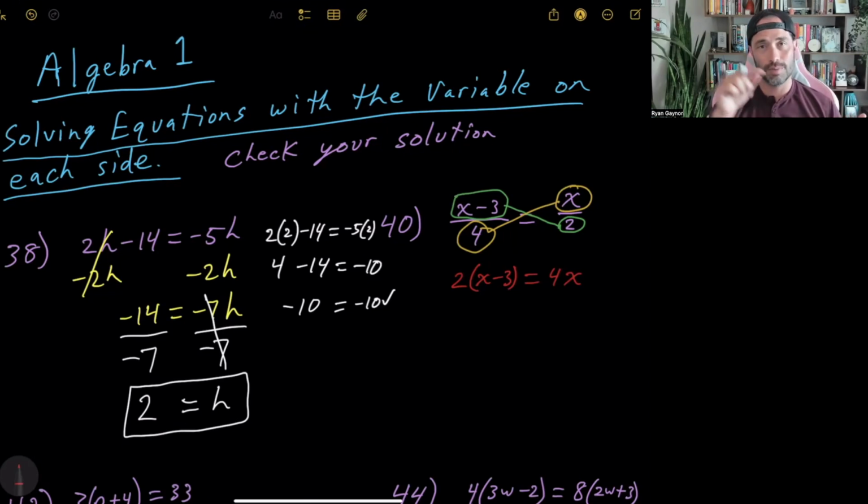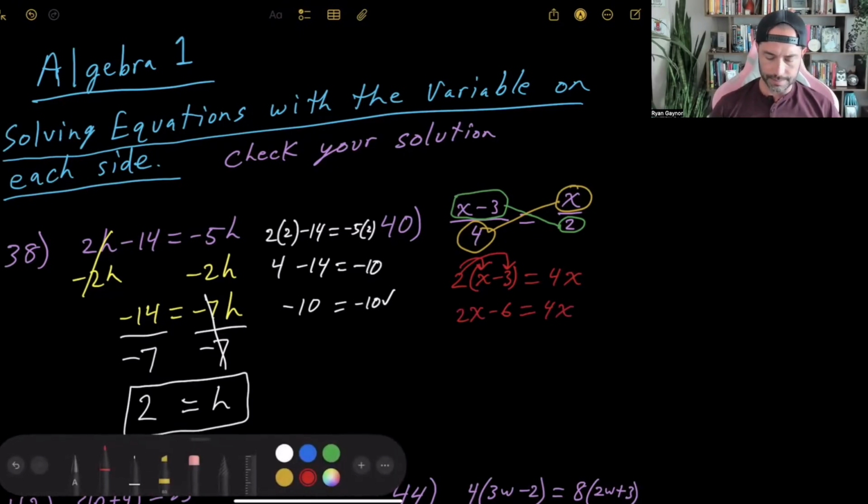So I have to distribute to each thing. So I'm going to go 2 times x, then I'm going to go 2 times negative 3. We got our 2 times x, that is 2x. And then our 2 times negative 3, negative 6, equals 4x.